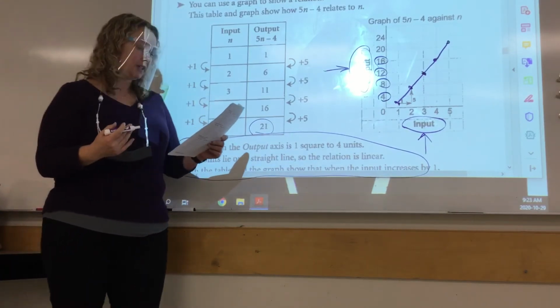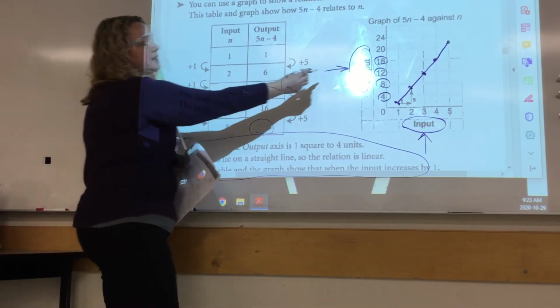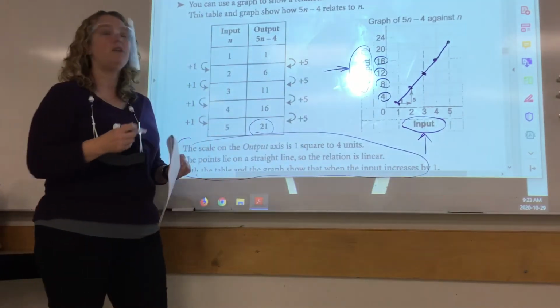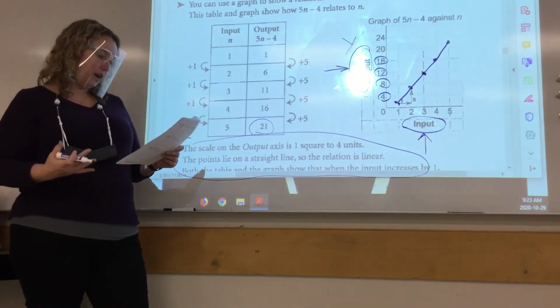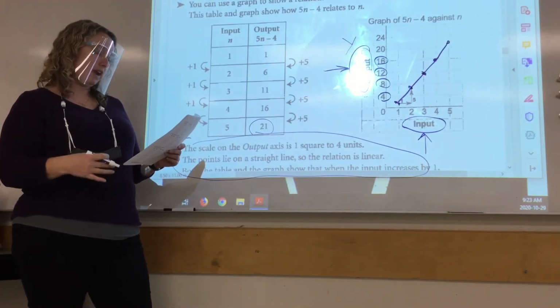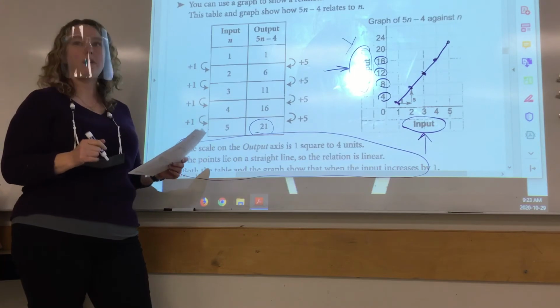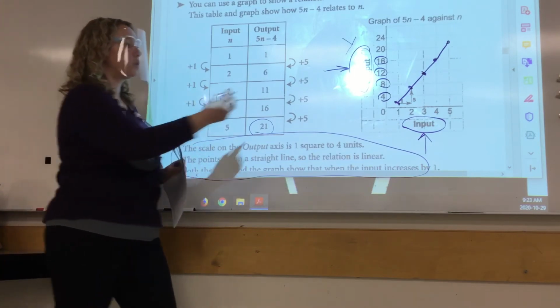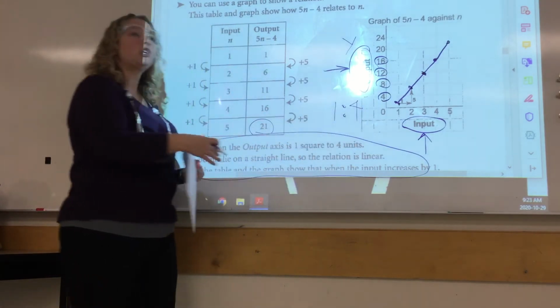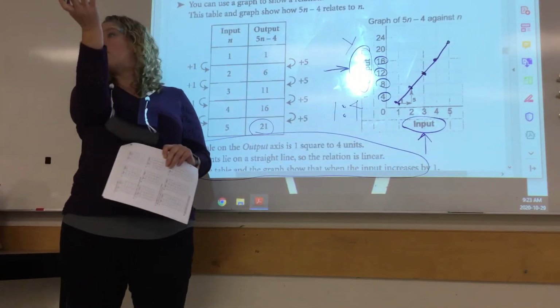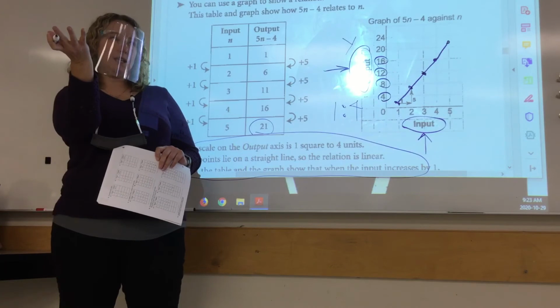So the output axis, that's the one on the side over here, the one that's going up and down, the y-axis, okay? That one says it's 1 square to 4 units. That's the scale, 1 to 4. So every time the input goes up by 1, the output's going up by 4. Does that make sense?